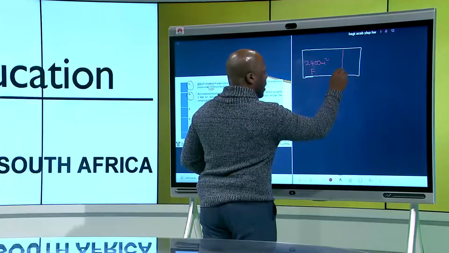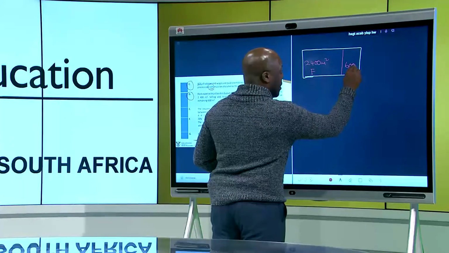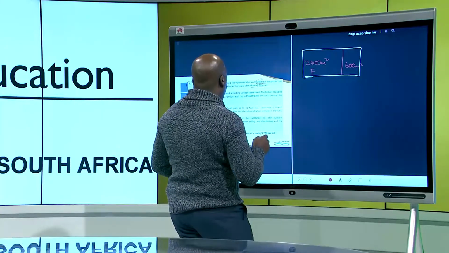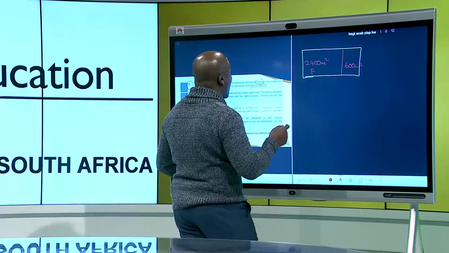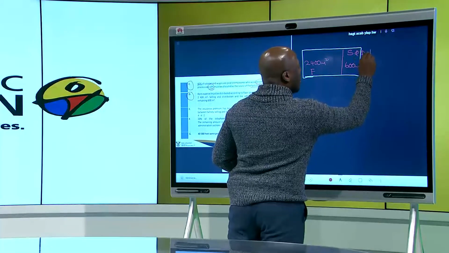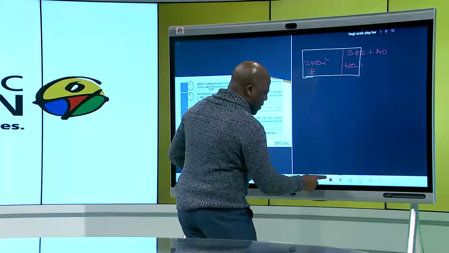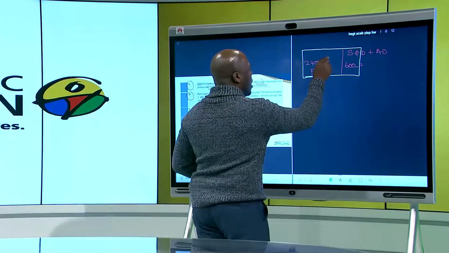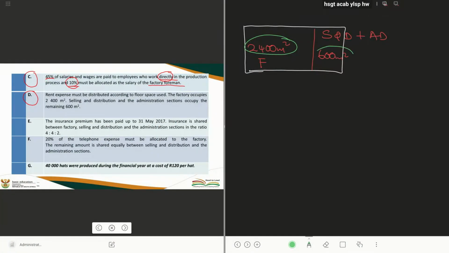And the remainder, which is 600 square meters, goes to the selling and distribution plus admin.